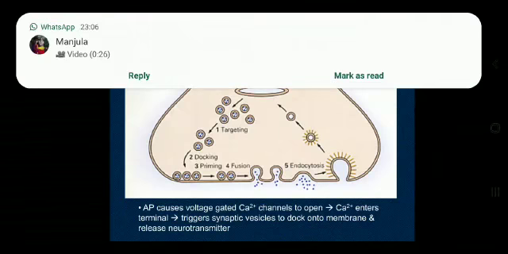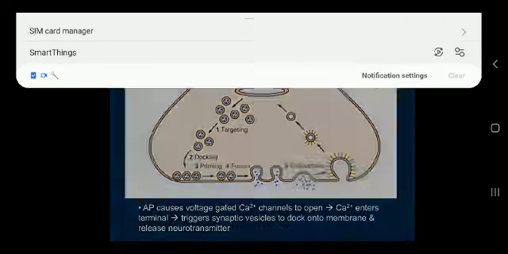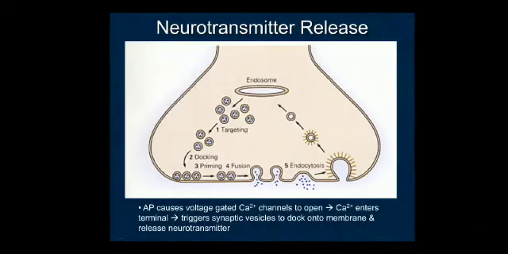Here, first, when there is a stimulus or an action potential generated in the presynaptic membrane, that travels through the presynaptic membrane, and due to depolarization there will be opening up of many calcium channels. So the calcium channels open up, and calcium enters into the cell.